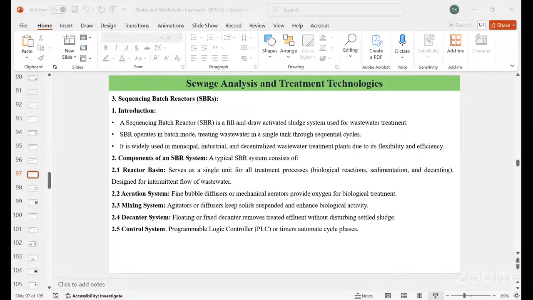Solid waste disposal is a crucial aspect of water and wastewater treatment, as these processes generate various solid byproducts that need proper management. These solids include screenings, grit, primary and secondary sludge, and biosolids.